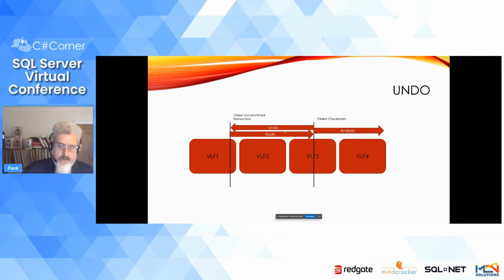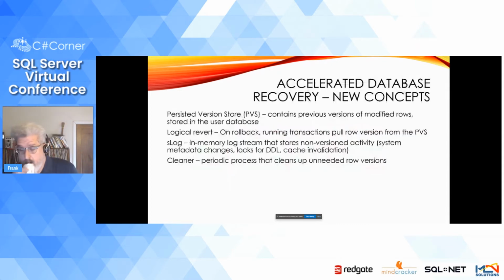With 2019, there is a new concept called accelerated database recovery. And ADR introduces a number of new concepts. The first one of these is the persisted version store. And this is a version store that is at the database level.